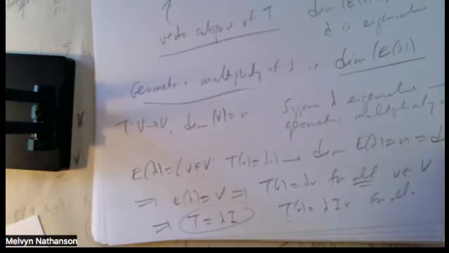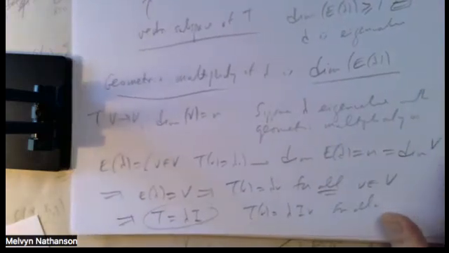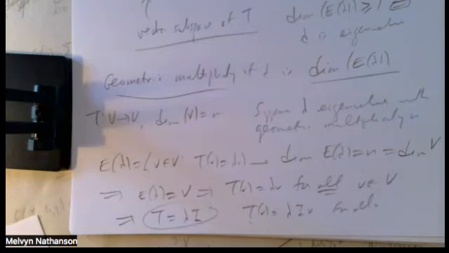So this is really just understanding the definition of geometric multiplicity. Right?